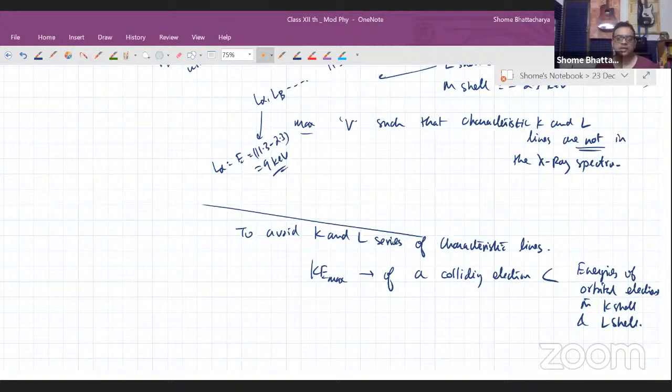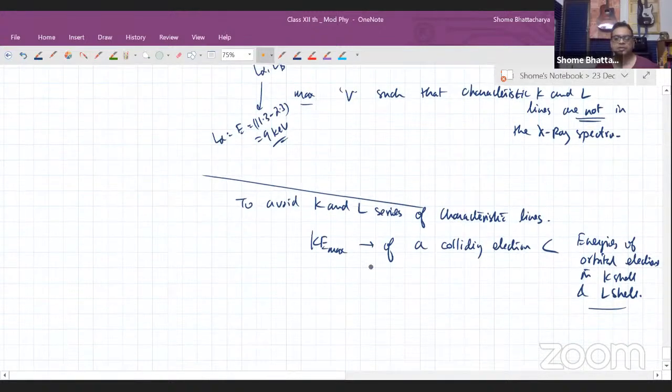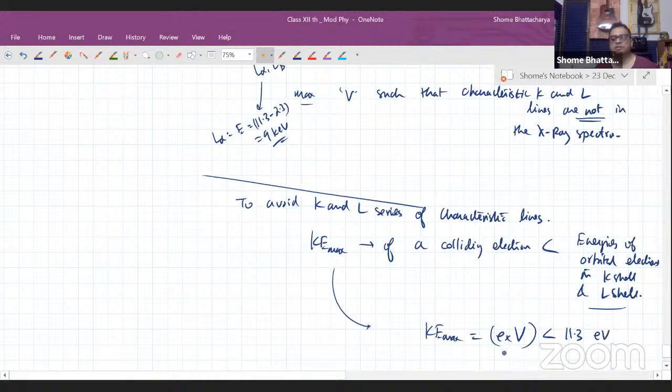So now you can see the condition for this: L is the lower one of the two, no? It was 11.3. So the KE max of the incoming electron, which is nothing but electronic charge into potential difference, should be less than the energy of the L shell, which was 11.3 keV.